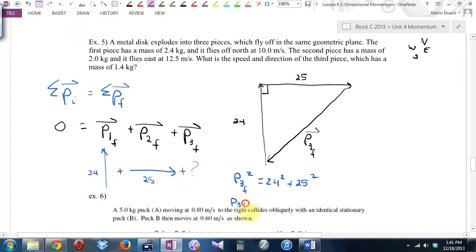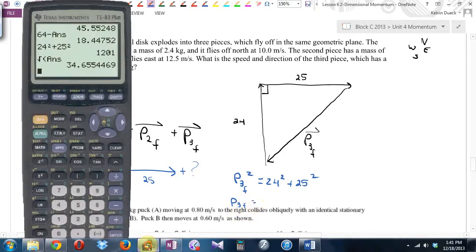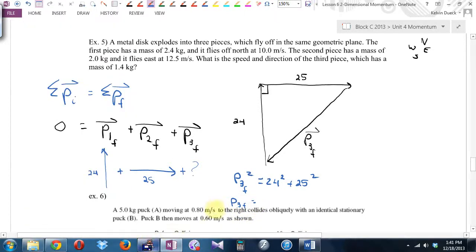Momentum of object 3 final equals 34.655. That's not what they wanted me to find. They wanted me to find the speed. If I know the momentum, how the heck can I find the speed? Divide by the mass. Please, did they tell me the mass of the third piece?